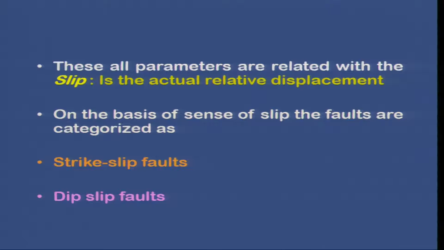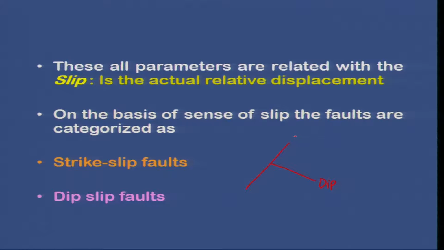In the previous part, we talked about the strike. We have a strike of the fault, and perpendicular to this will be your dip. This is your dip, and this is your strike.